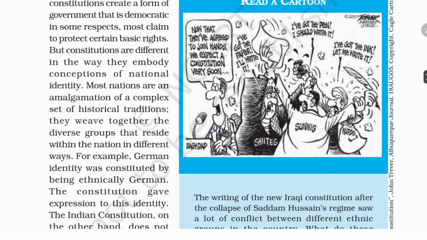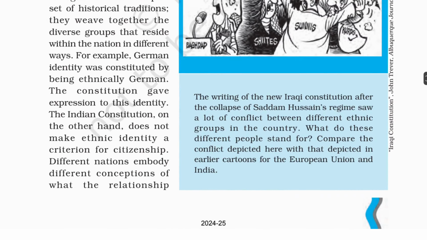But constitutions are different in the way they embody conceptions of national identity. Most nations are an amalgamation of a complex set of historical traditions. They weave together the diverse groups that reside within the nation in different ways. For example, German identity was constituted by being ethnically German.